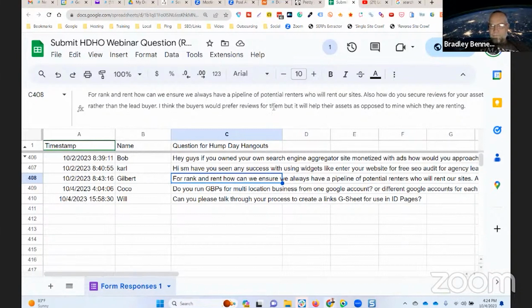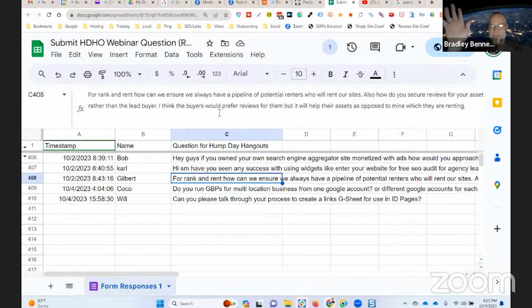I think the buyers would prefer reviews for them, because it would help their assets as opposed to mine, which they are renting. Yeah, look, if my lead gen asset is what generates the lead, it's my lead gen asset that should get the review. If the customer also wants to post the review on your lead buyer's Google business profile as well, that's up to the customer, and that's up to your client, the lead buyer, as to whether or not they want to ask for a second review.